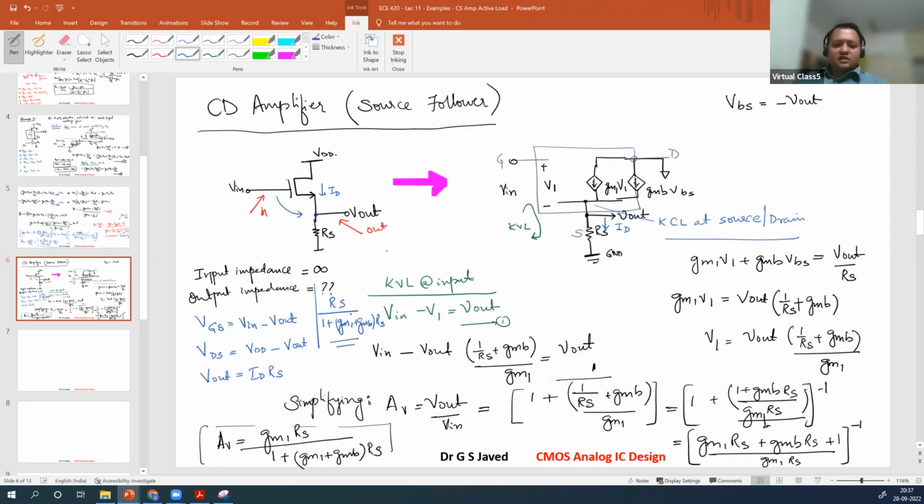What do you note here? There is no minus sign here. So this is a non-inverting amplifier.